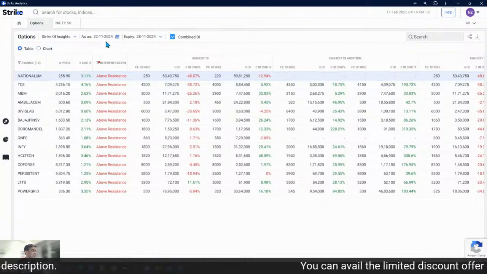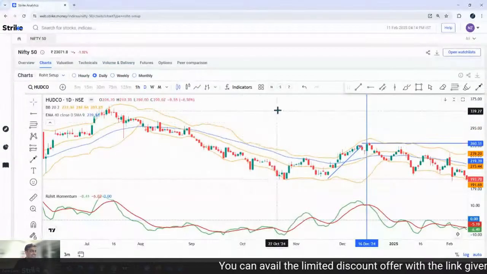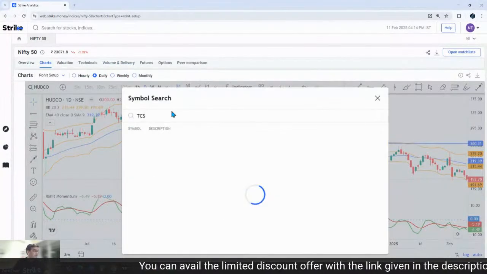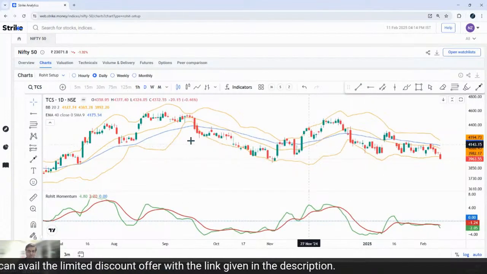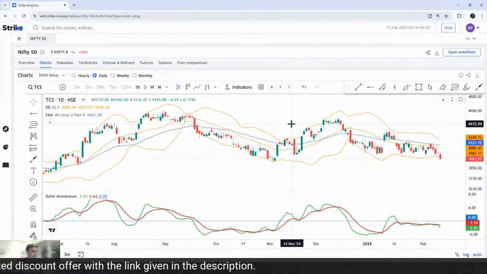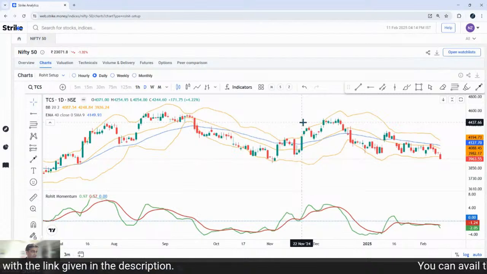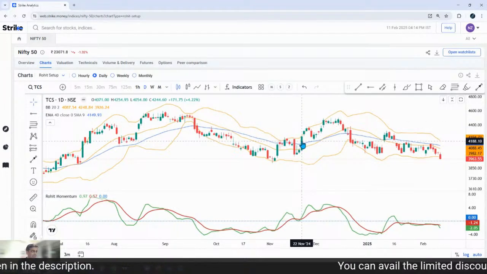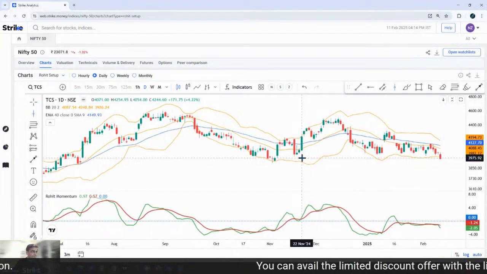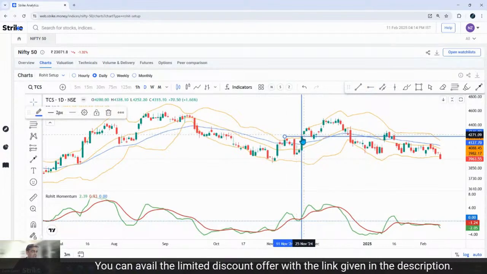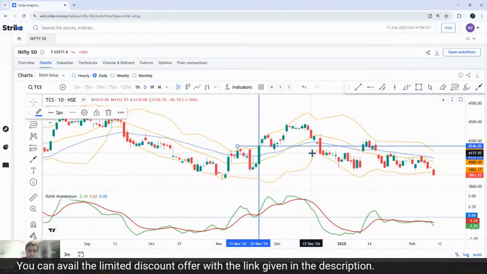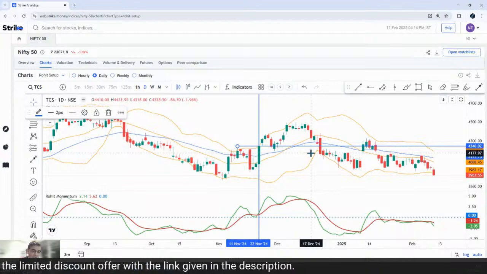So let's look at the TCS chart on 22nd. TCS. Okay, 22nd of November. That is over here. So look at this over here. And what we can see is that after that, when you are an option buyer, remember you can use this particular strategy for a day or two.